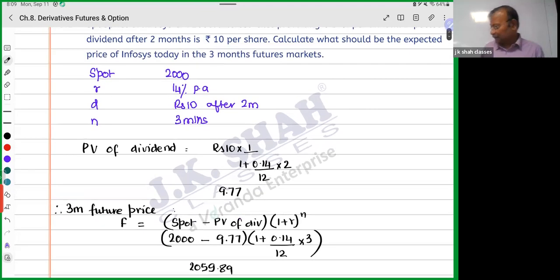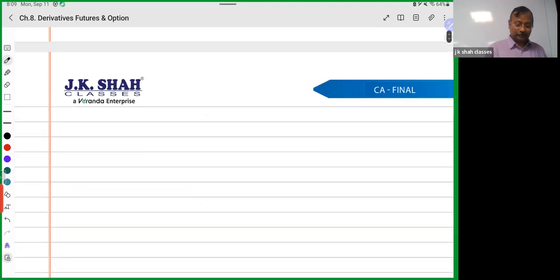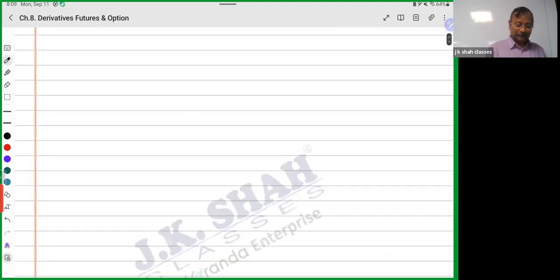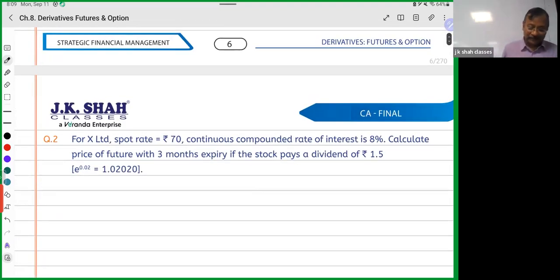Chalo. Now, look at question 2. For X Limited, spot rate is 70.